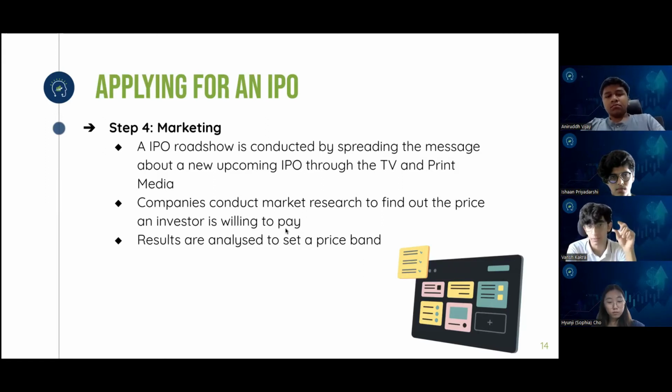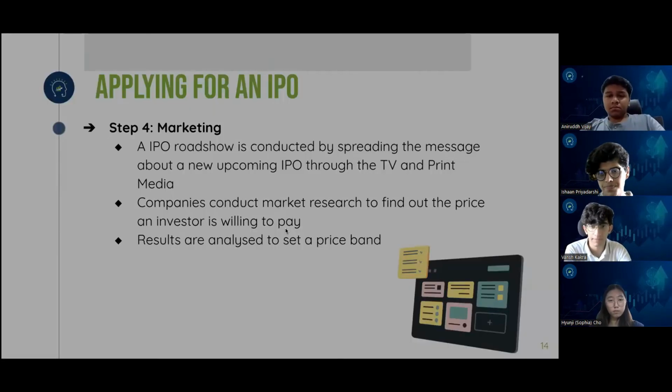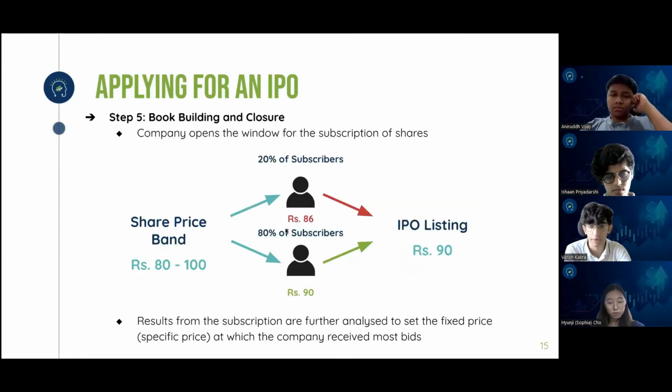And the process of the price band, as covered by Ishan, is the book building process of the IPO. So this marketing step is actually crucial because it makes sure that the prices are not kept too high or too low, because that can affect the subscription of the share and then create a negative effect on the company. So step five is the book building and closure.